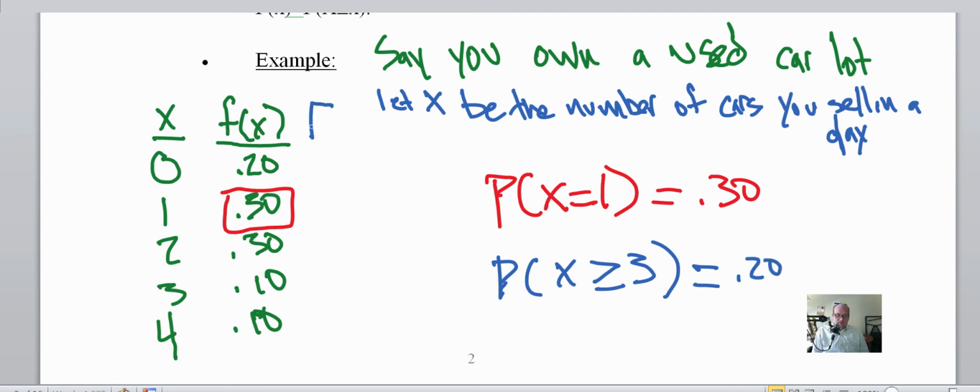The last set of notes talked about this capital F of x. So let's figure that out too. The capital F of x is really the cumulative mass function, which means anything that's smaller than or equal to some x.